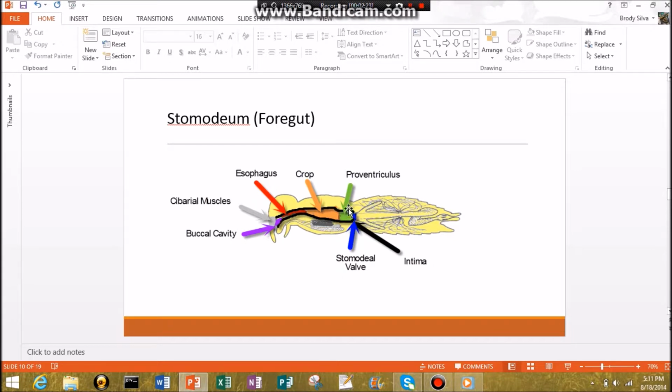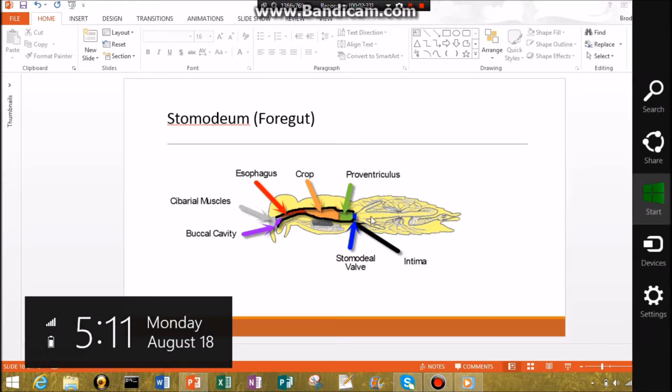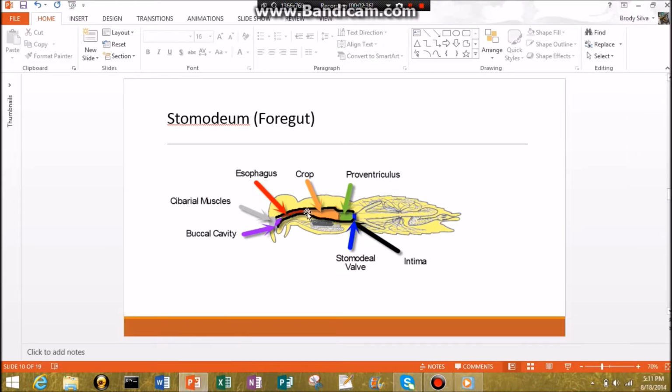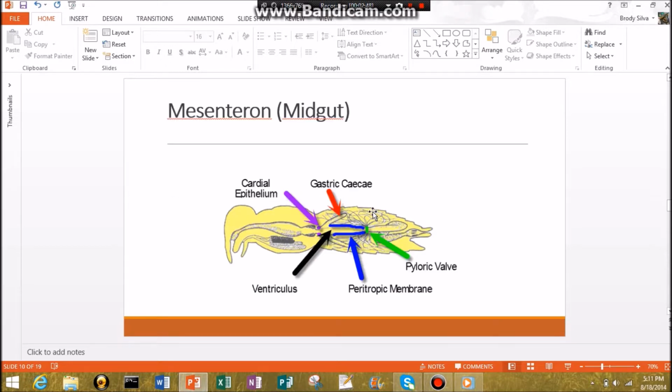It's made sure to be small enough to be absorbed. And then the intima is the epithelial tissue lining the foregut. They have a stomodeal valve, which prevents food from overflowing into the midgut.